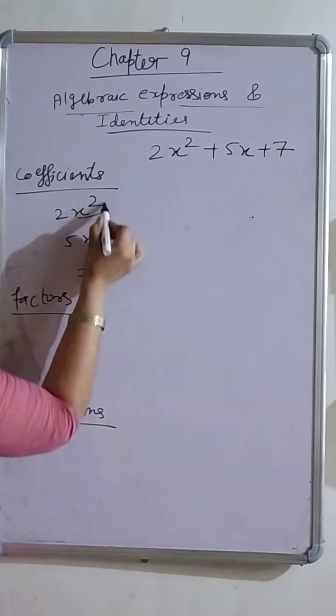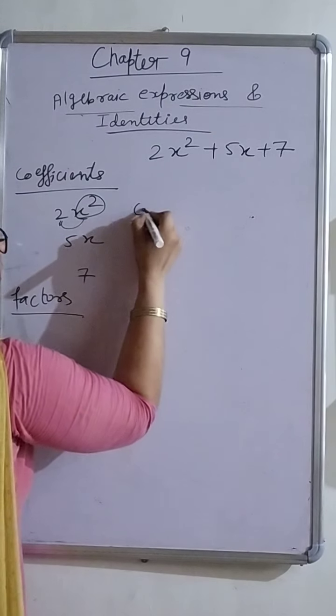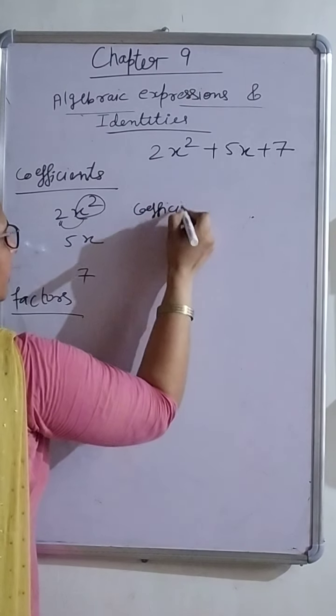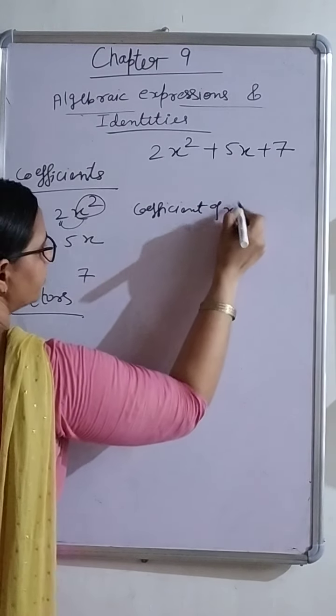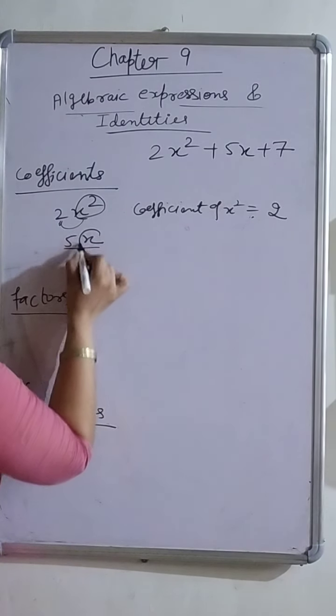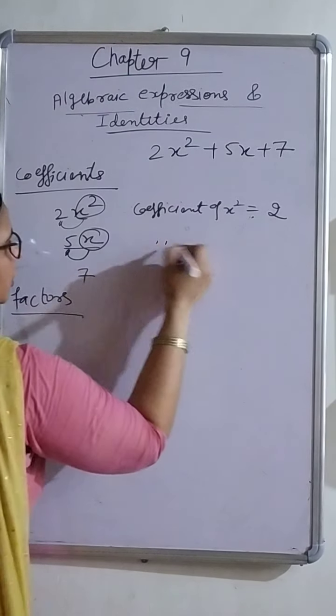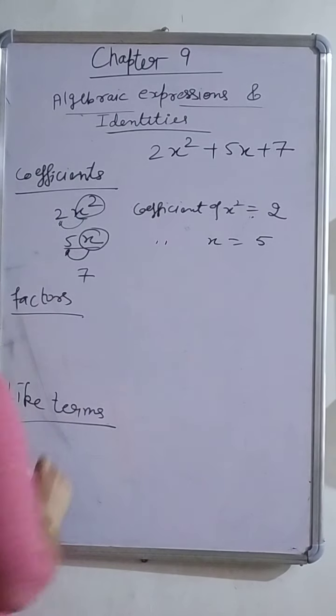See, this x square is a variable term. What is multiplied with x square? 2. So the coefficient of x square is 2. The numerical factor multiplied with the variable is the coefficient. In 5x, this x is the variable. What is multiplied with x? 5. So the coefficient of x is 5.